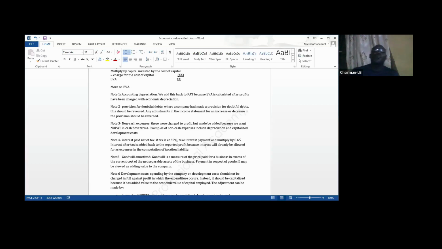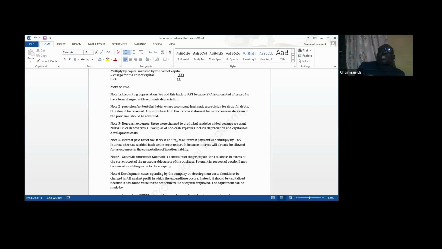That program was sponsored initially by, was it Nigerian Breweries? Nigerian Breweries sponsored that program then. Any cost incurred will not be treated as an expense. That advertisement will create value.